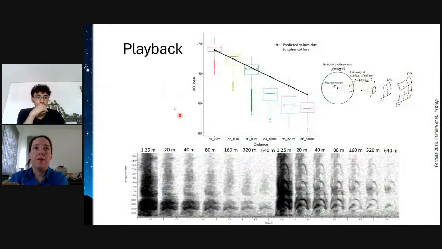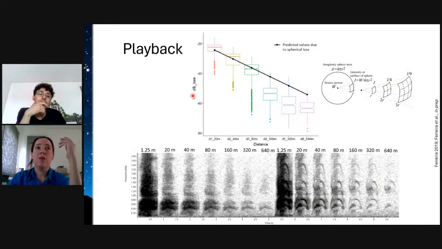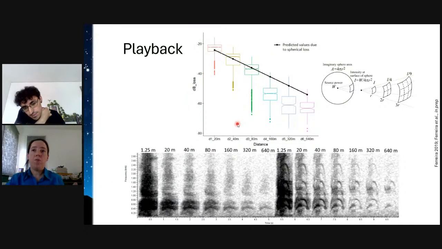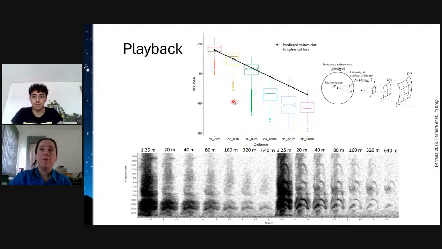And then we got the recordings and we analyzed them, measuring things like how much intensity it loses with distance.